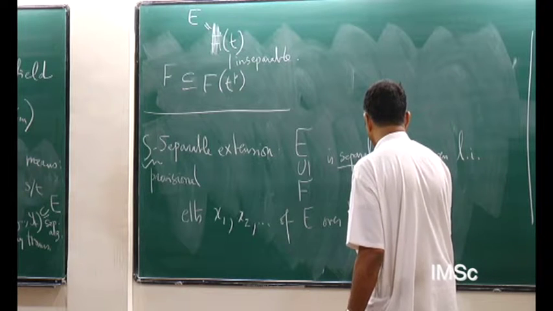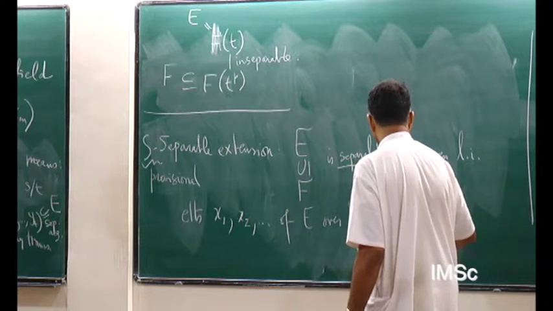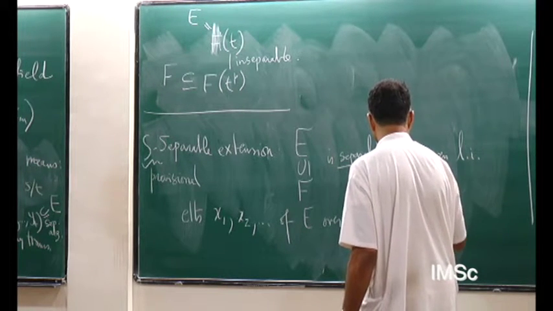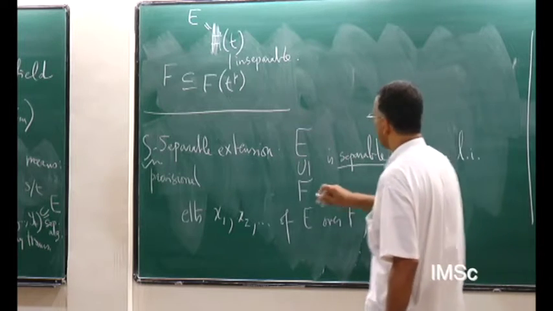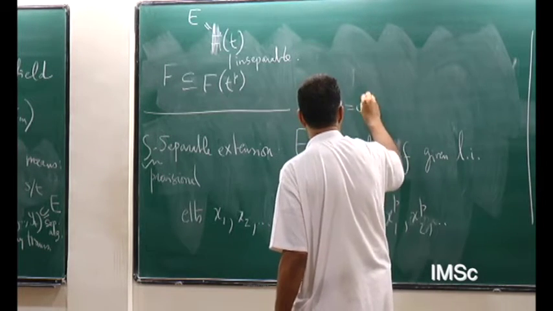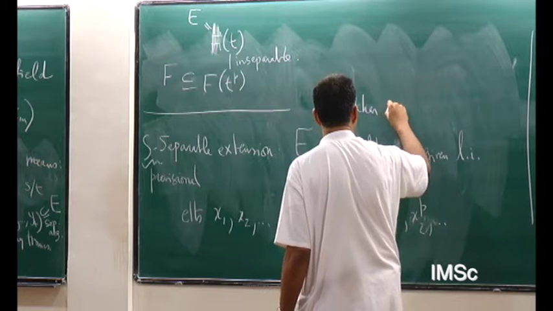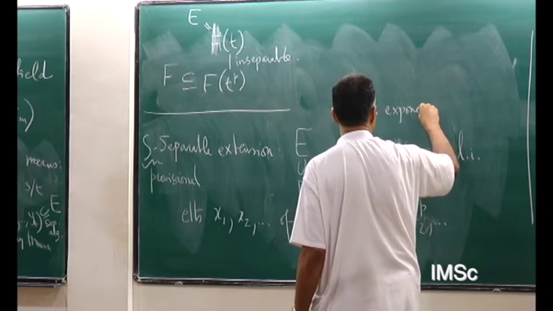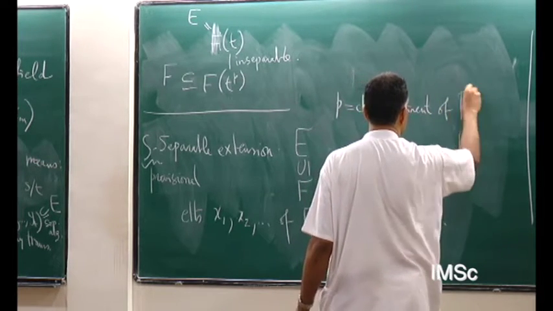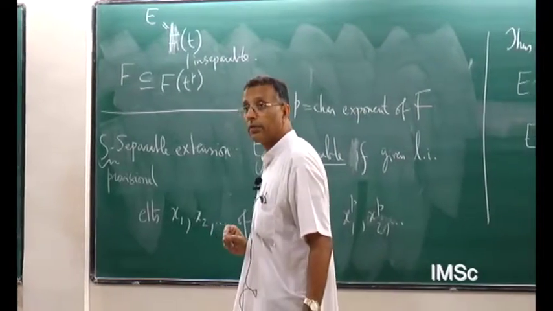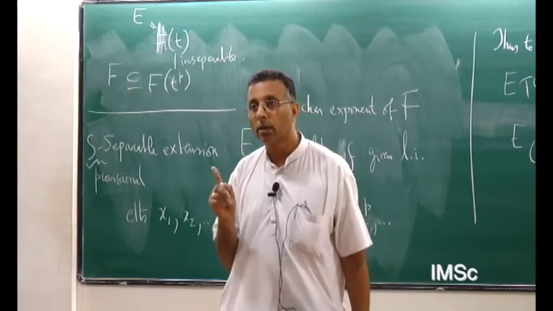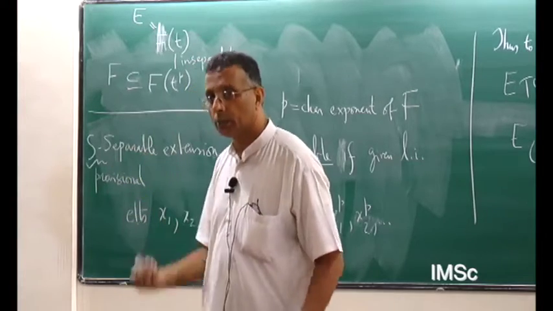x1 to the p, x2 to the p, where p is equal to the characteristic exponent of F. What this means is, if it is characteristic 0, then it is 1. If it's characteristic p, it is p.